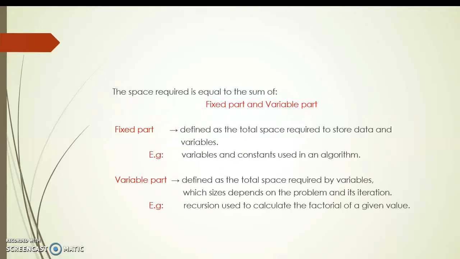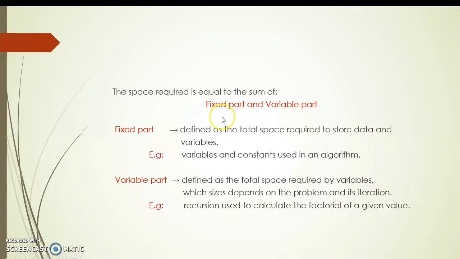So the space required is equal to the sum of the fixed part and the variable part. What is the difference between the fixed part and the variable part? Both of them are variables. For the fixed part, before processing, we know how much space is required for that particular variable.